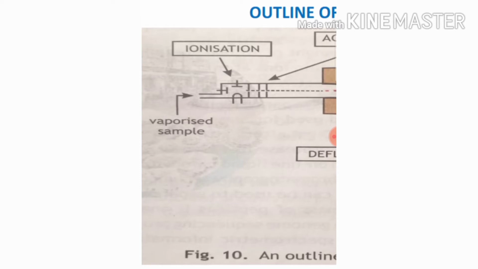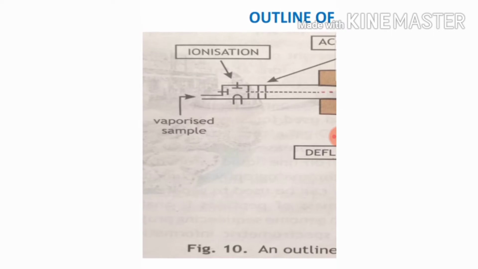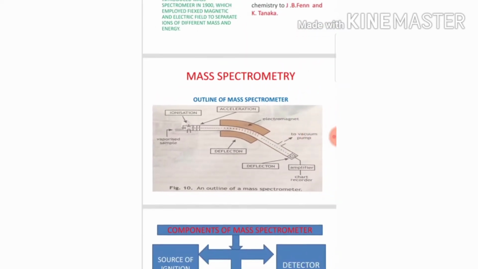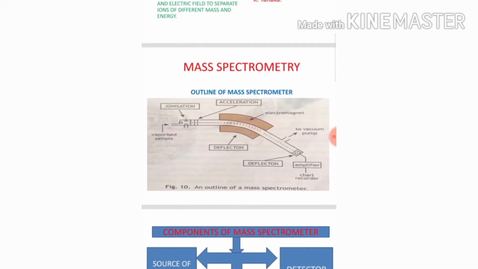For ionization of the sample, there are two molecular techniques, that is MALDI and electrospray. So do you know what MALDI means? Matrix assisted laser desorption ionization, time of flight.